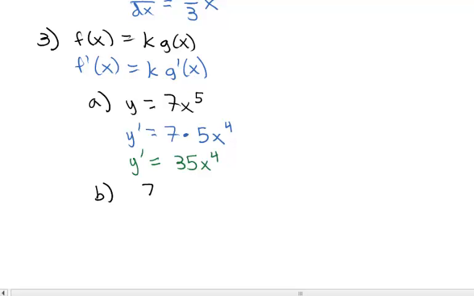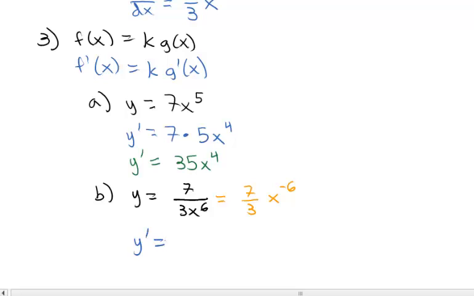So if we have y equal to 7 over 3x to the sixth, get that x to the sixth out of the denominator. We're going to do 7/3 times x to the negative sixth. That way, we can use that nice exponent property.